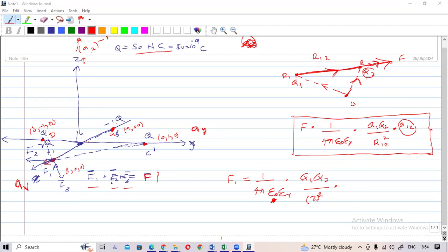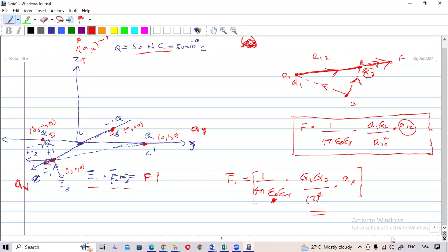That is the x-axis unit direction. So it will be x. So this is the answer for F1. So this is a vector. F1 is a vector. So you have found that answer.